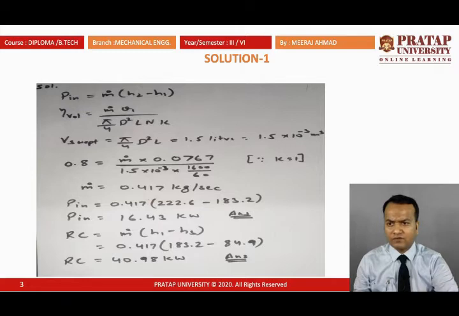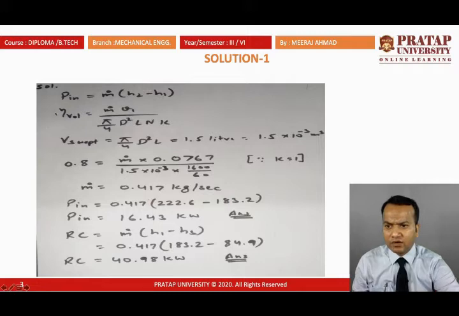So from the efficiency formula you first find the mass flow rate and then put that mass flow rate into the power input formula. Now look at the volumetric efficiency formula.